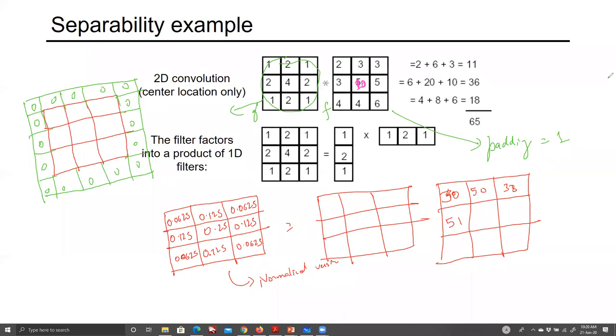Come on, guys. What is the answer? I think it's 85 in the middle. So this is 30, this is 50, these are fine. 30, 51, 85, 85.